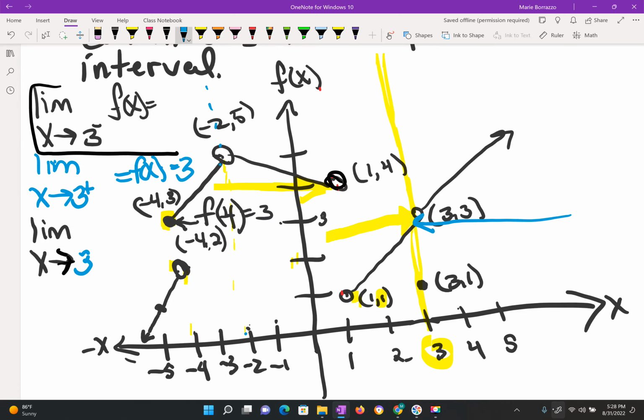At x is 3, we would say f of 3 is 1. That's when we say it's 1. If I look at the limit as x approaches 3, it's still 3.